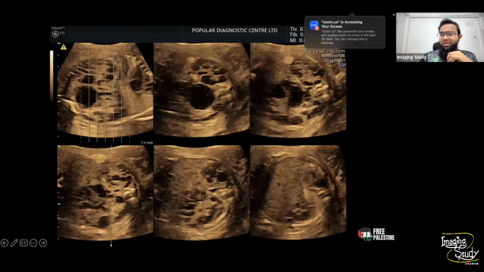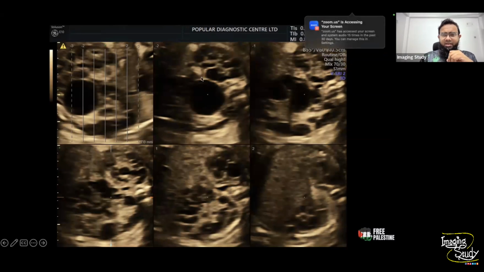It was the coronal section, and we took slices from the lower to upper part. The machine gave us multiple cross sections from different points, and you can see all those slices here. We magnified the image, and now you can still see these images.